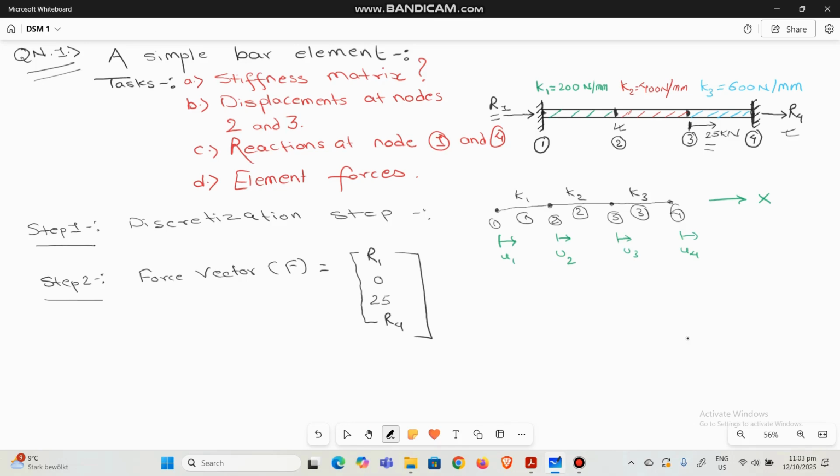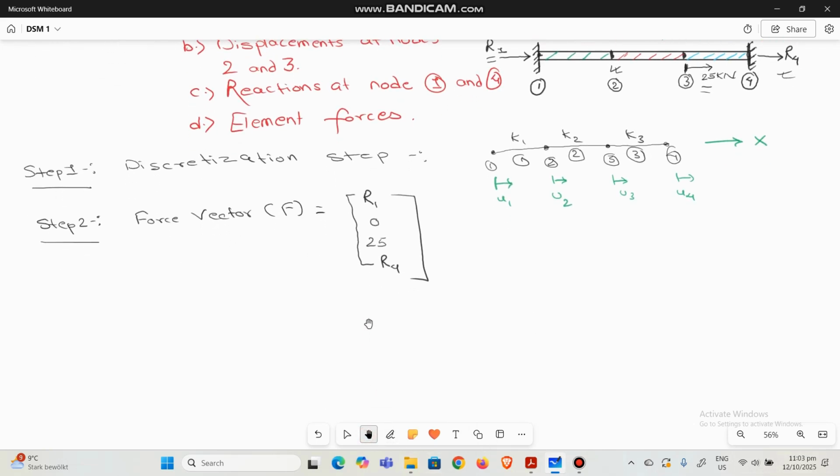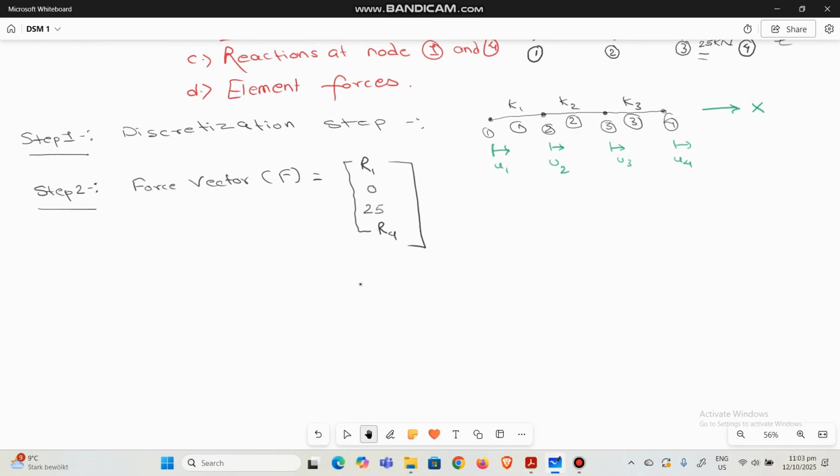Similarly, we have the displacement vector as well, which we denote with u.